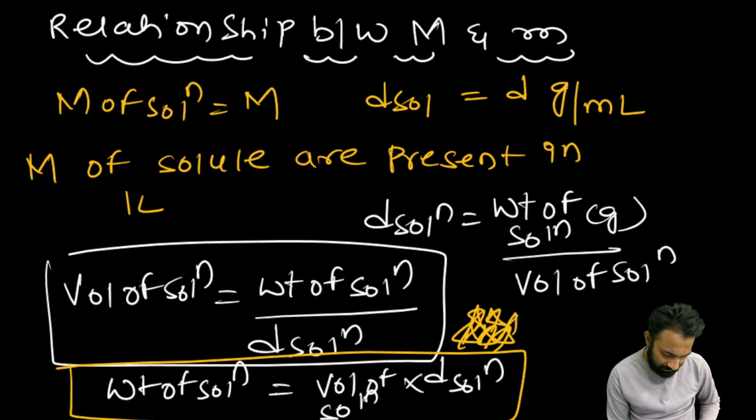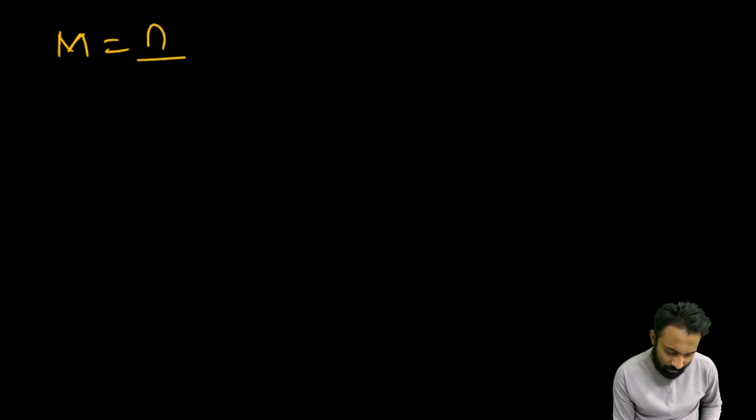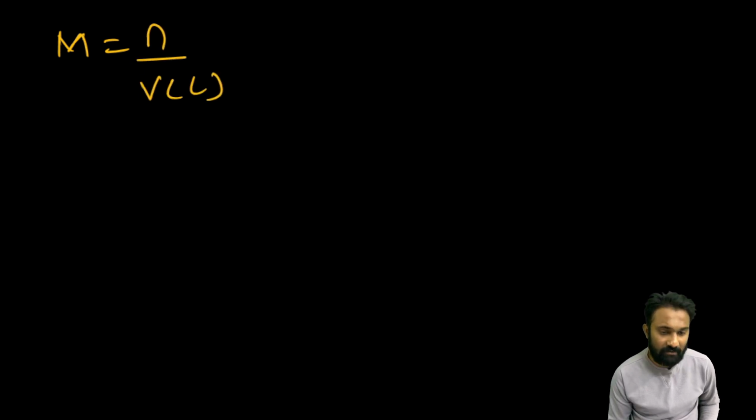Now I will calculate the weight of solute. How to calculate the weight of the solute? Molarity is equal to number of moles by volume in liter. If I expand this, volume I have taken as 1 liter, right?